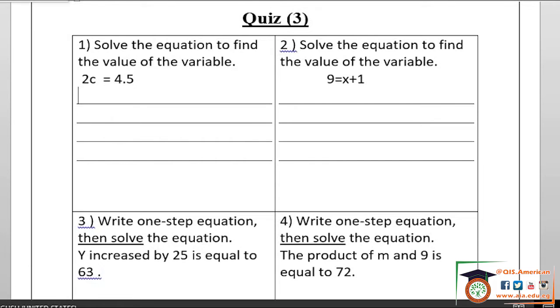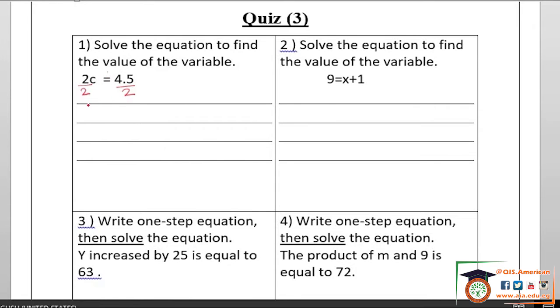As we said before, if I do something to one side, I must do the same thing to the other side. I must divide both sides by the same number, because this is an equation. It's like a balance. So here I will divide the left hand side by 2 and I will divide the right hand side by 2.